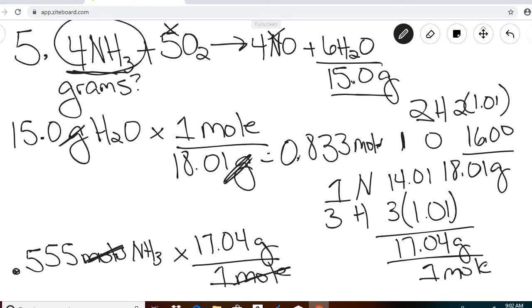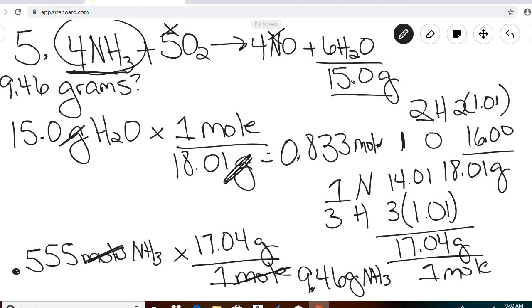With 3 significant figures, our answer is 9.46 grams of NH3.